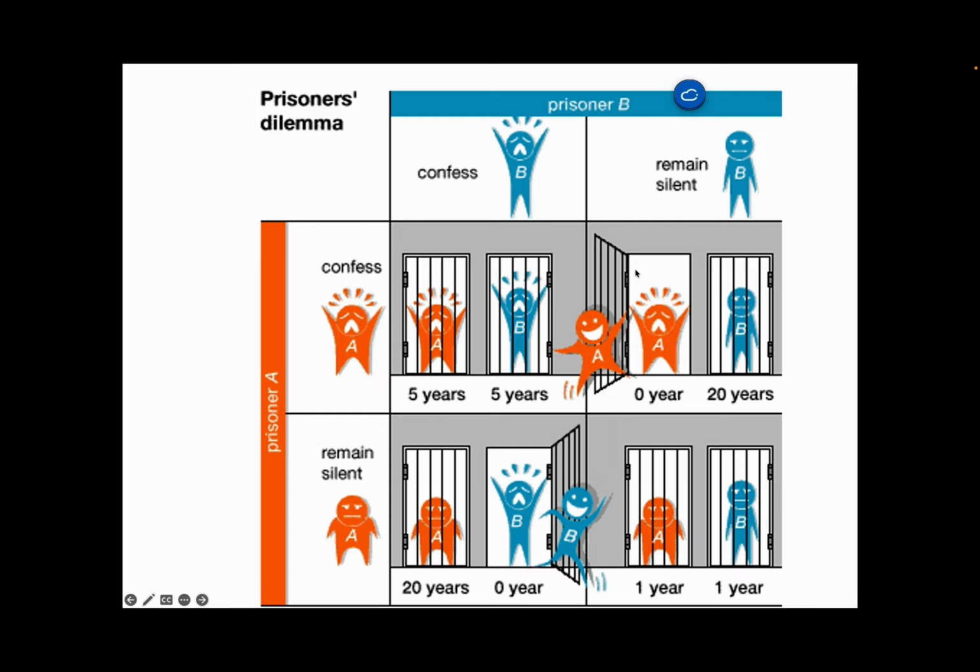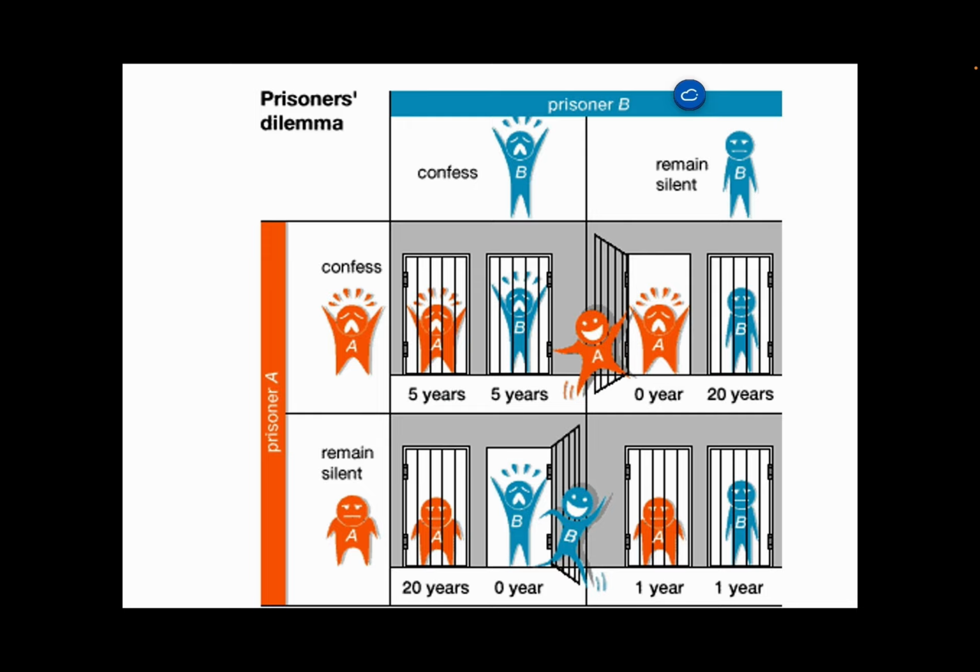So regardless of what your partner does, say if you're prisoner A and you've got the choice of this option here, if you confess, you'll get 5 years in prison, but if you remain silent, you might be facing up to 20 years of prison, which is worse.